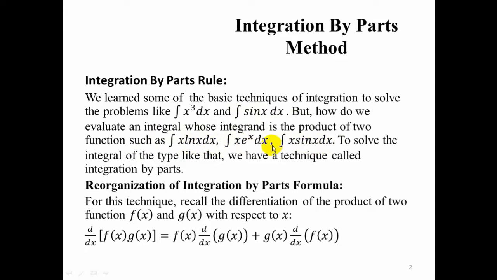So in these integrals, you see over here two functions are in multiplied form. In the previous video lecture, I have already told you that when two functions are in multiplied form or in divided form, we can use the substitution method.